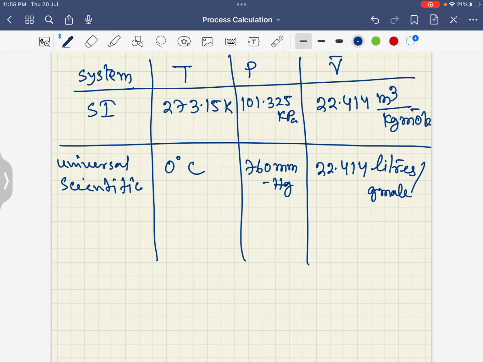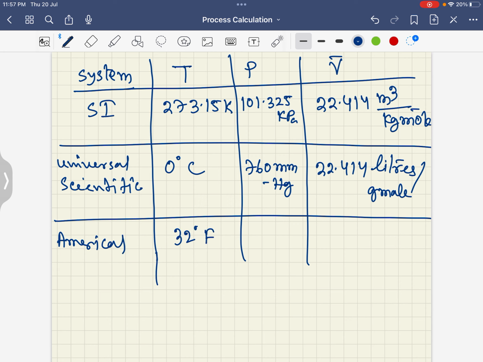Okay, and then American, we can take 32 degree Fahrenheit, we can take 1 atm, and then the volume will be molar volume. If we change that, 359.05 feet cube per mole, so that mole will be pound mole.